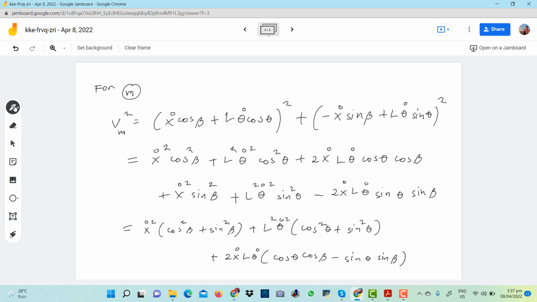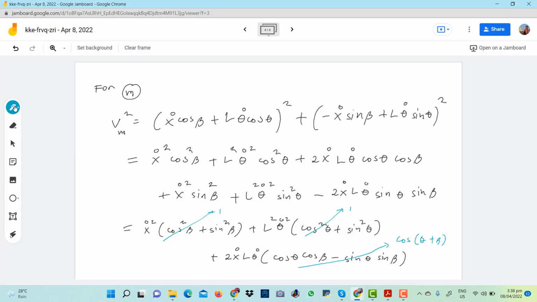If this looks familiar, cosine cosine minus sine sine is actually cosine of theta plus beta. So this one is 1, this one is also 1, and this one is cosine of theta plus beta.